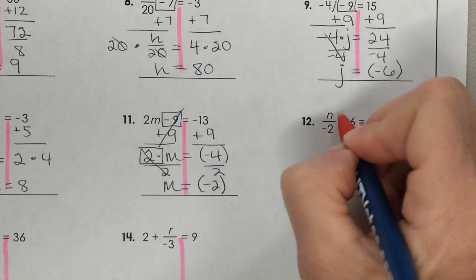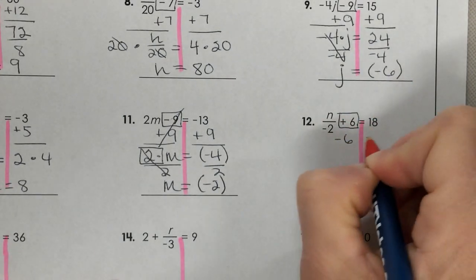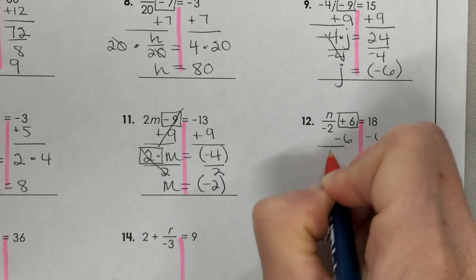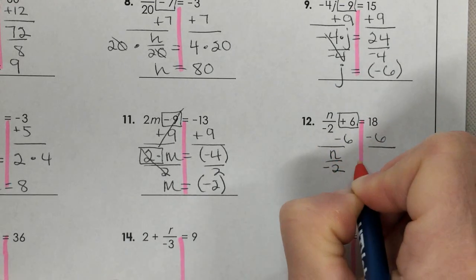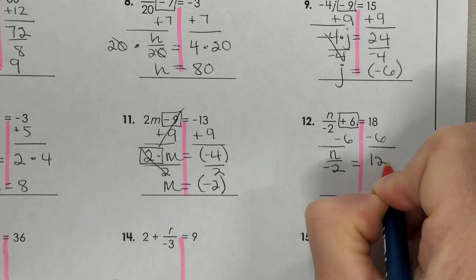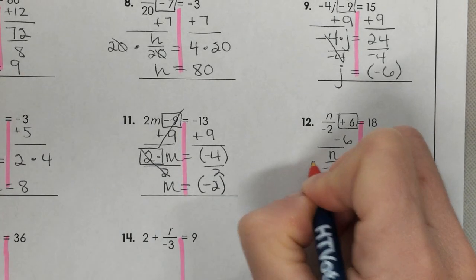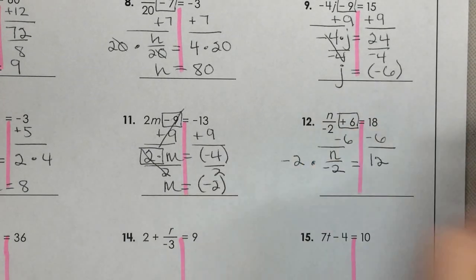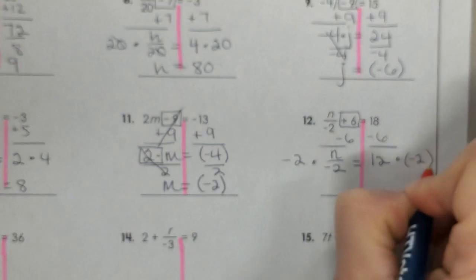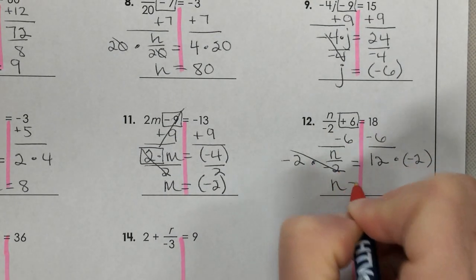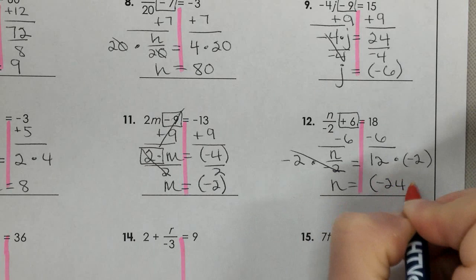Number 12, we want to get rid of plus 6, so we'll subtract 6 from both sides. That leaves n over negative 2 is equal to 12. To get rid of the divided by negative 2, we'll multiply by negative 2 on both sides. n is equal to negative 24.